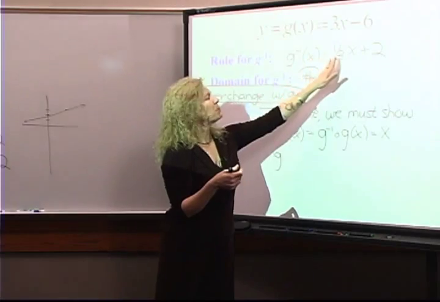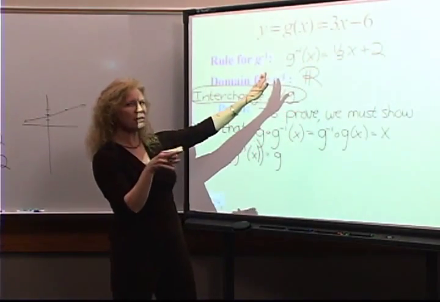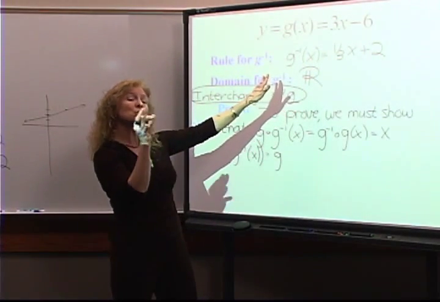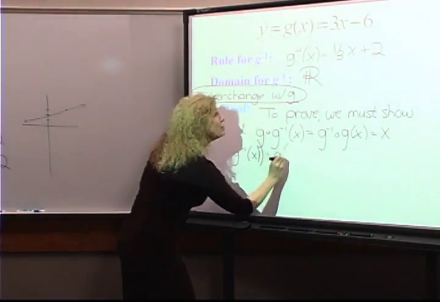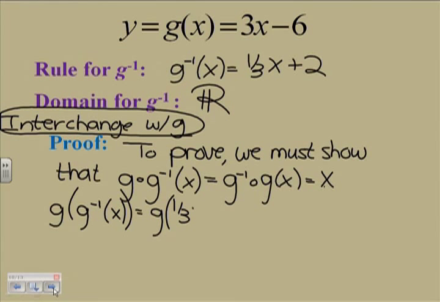Well, this tells me right here. That's why it's a very good habit to always label your work. So I'm going to have 1/3 x plus 2. Yay! Now, this notation says take all of this and run it into g.